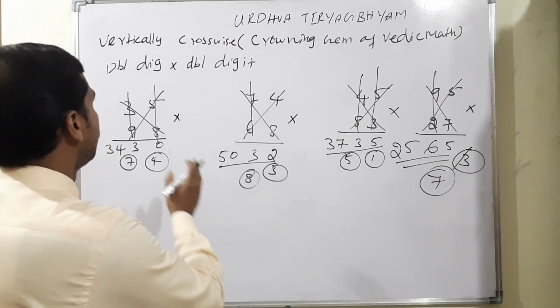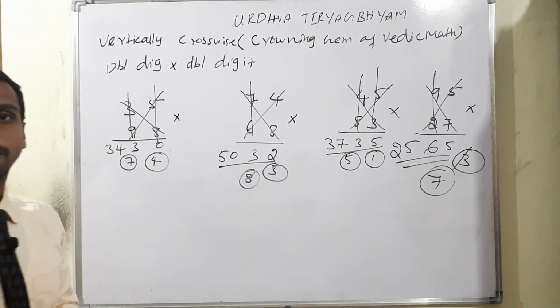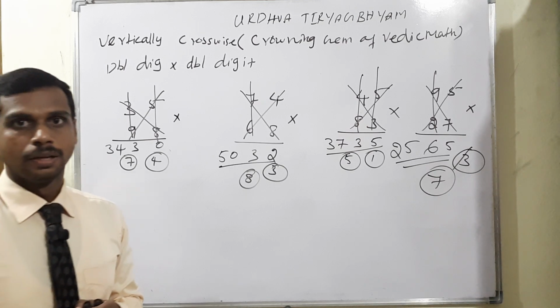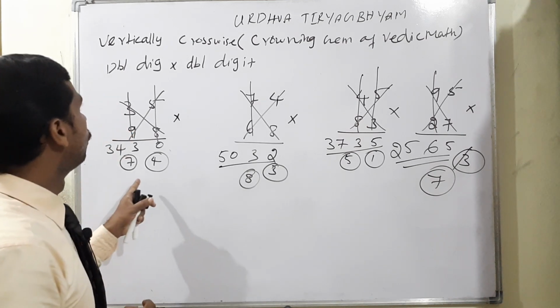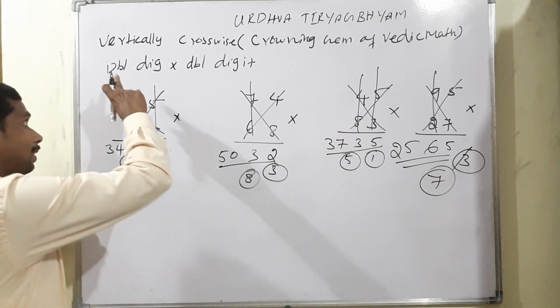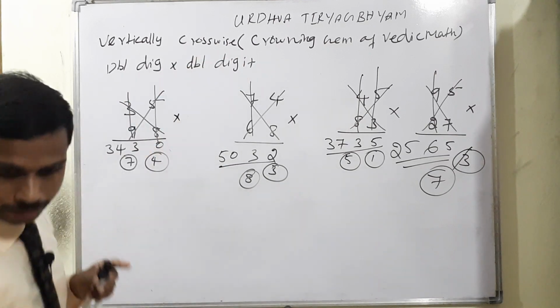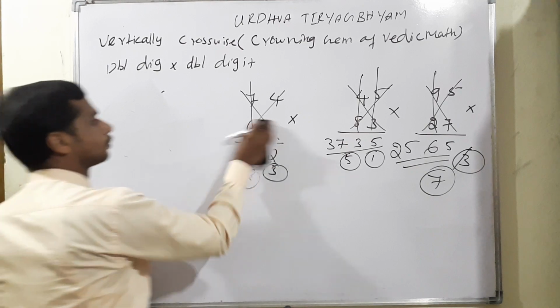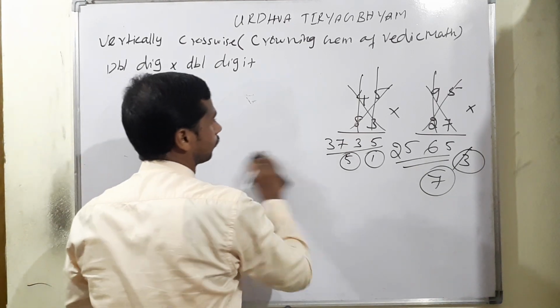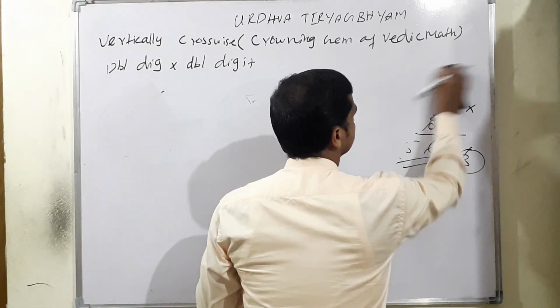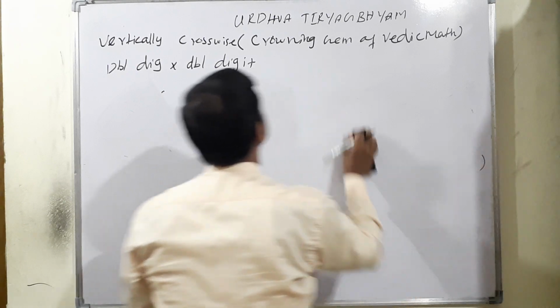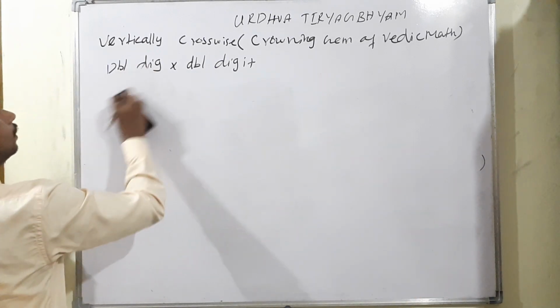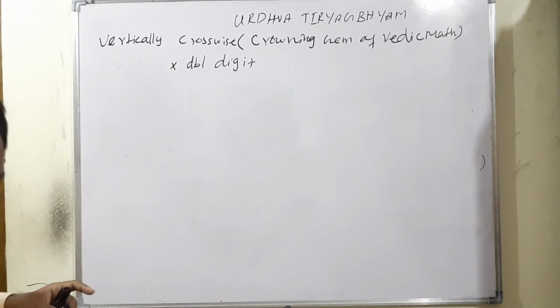Now I hope you understand how to find out double digit into double digit. Now I am moving to find out triple digit into double digit. So listen very carefully. Triple digit into double digit.